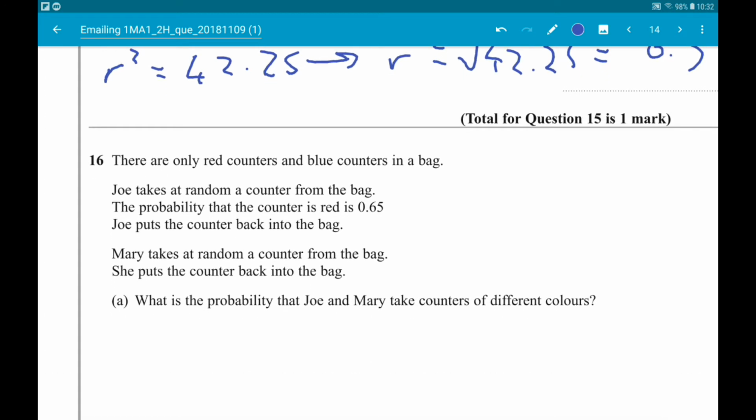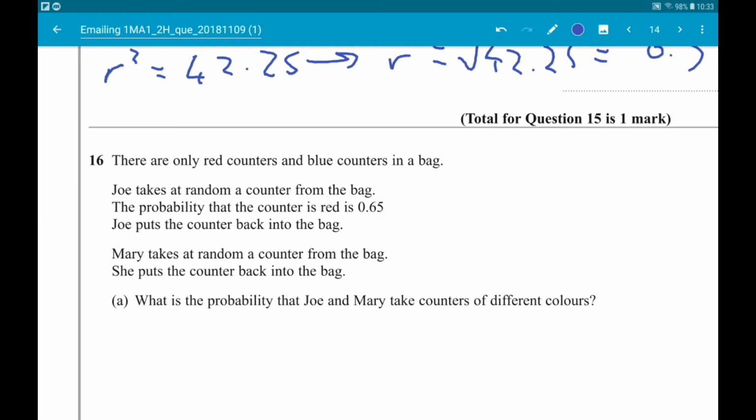Okay, number 16, we are told there are only red counters and blue counters in a bag. Joe takes a random counter from the bag. The probability that the counter is red is 0.65. Joe puts the counter back into the bag.